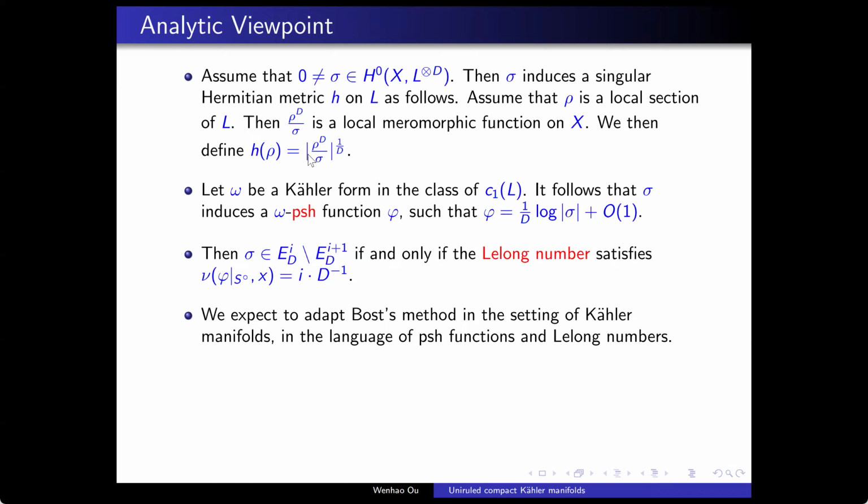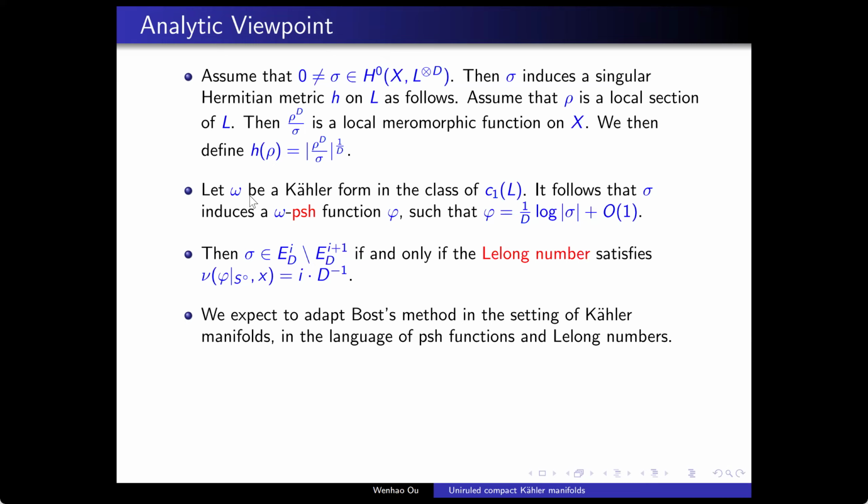The length of rho is equal to the absolute value of rho to the power d over sigma, and then I take the d-th root, the positive d-th root. So we can start from a global section and define a singular Hermitian metric on this ample line bundle.